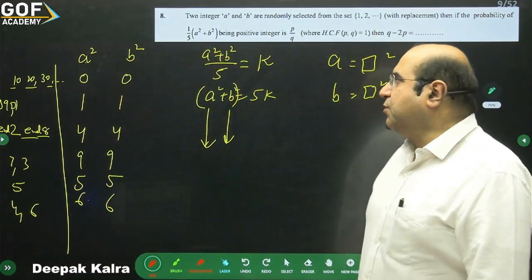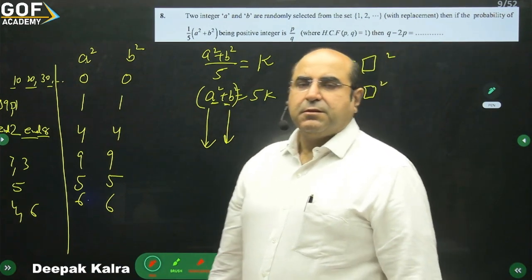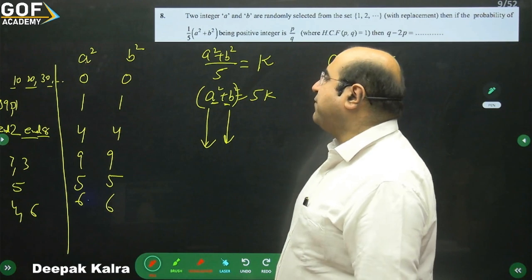Now what you have to do? You have to do the summation as 5 or 0. How do you get 5 and 0 summation?